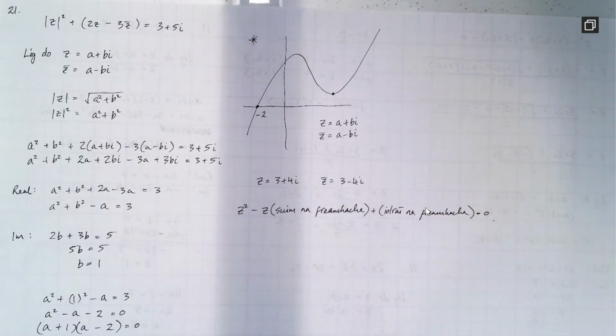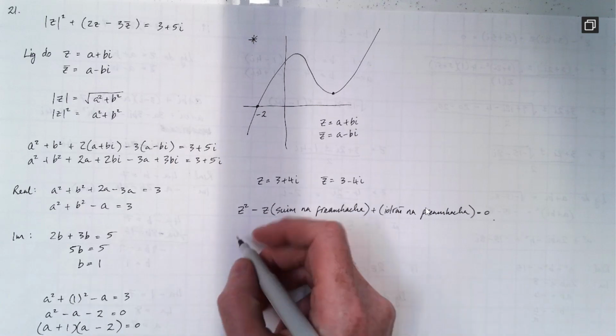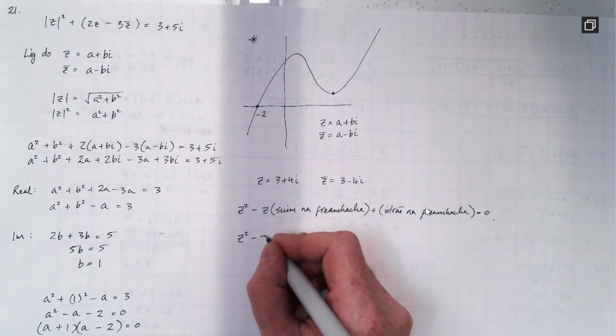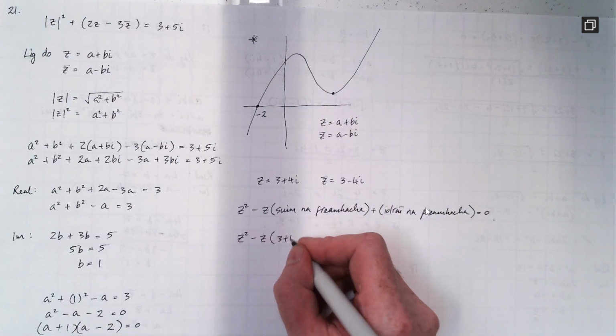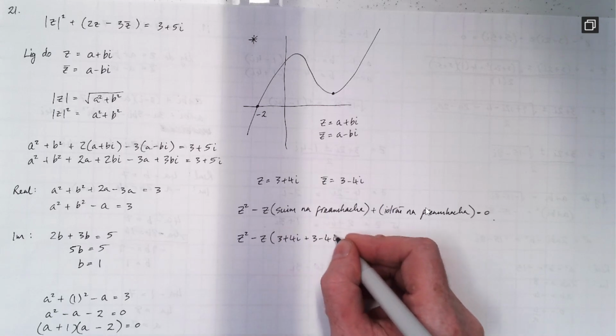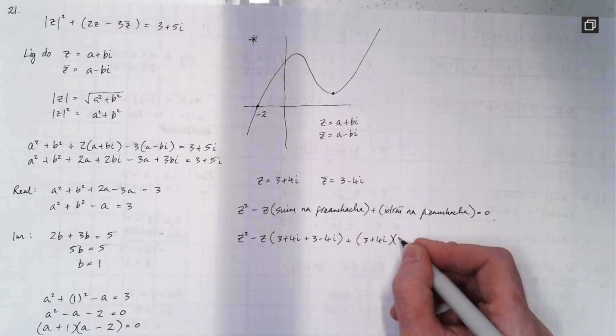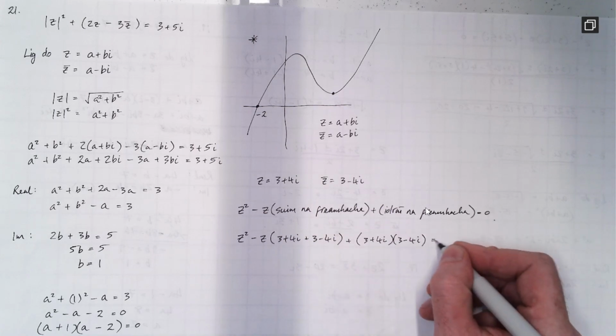So it's in the formula. Okay, so you must get the quadratic equation. That is z squared minus z times (3 plus 4i plus 3 minus 4i) plus (3 plus 4i) times (3 minus 4i) equals 0.